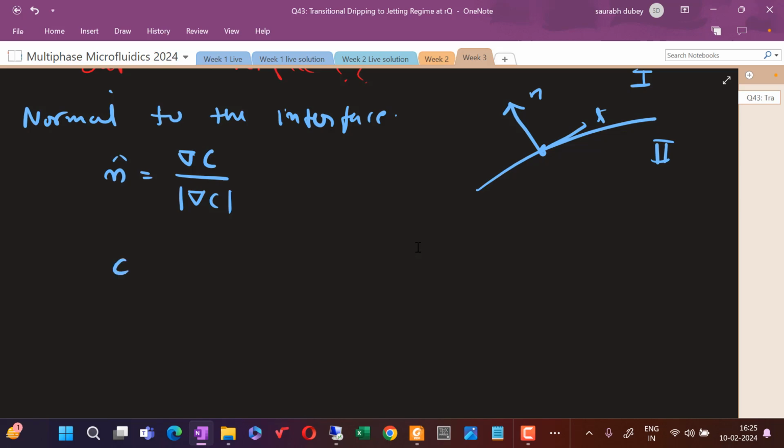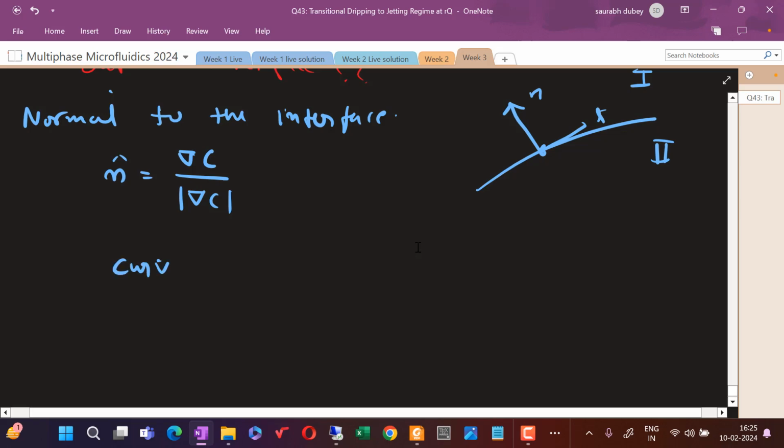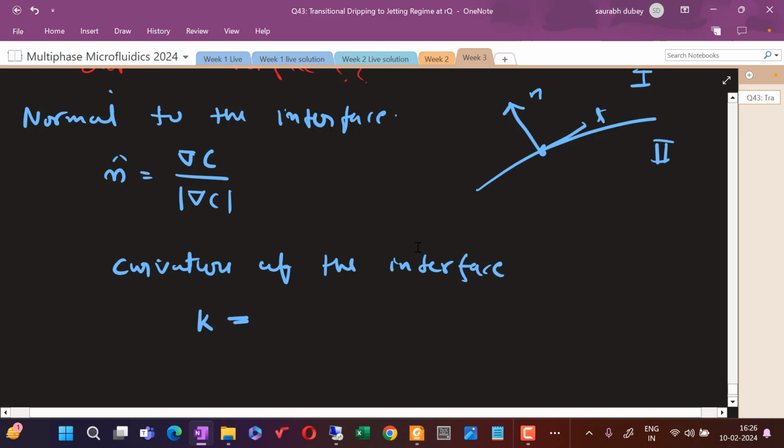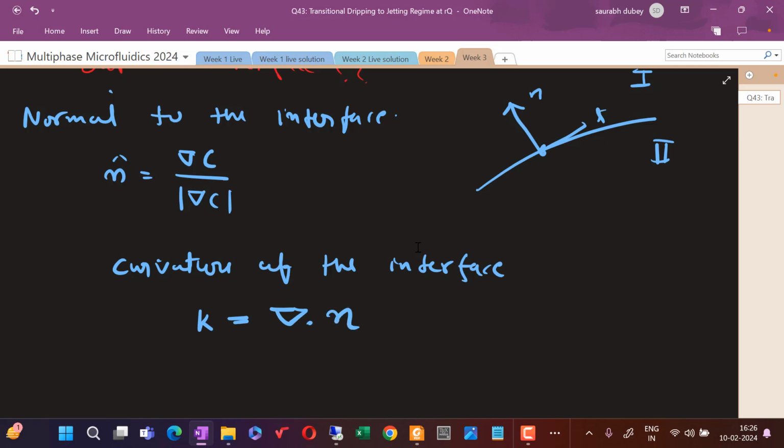Then here is the curvature on the interface. That is kappa equals divergence dot n. Okay, so that is another one. And surface tension is what? The pressure normal stress jump at the interface. The pressure normal stress jump adds a body force to the Navier-Stokes equation.